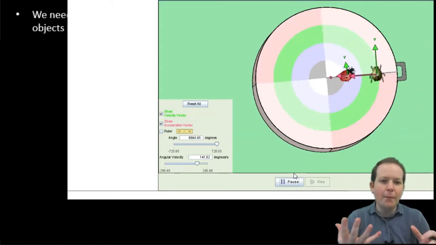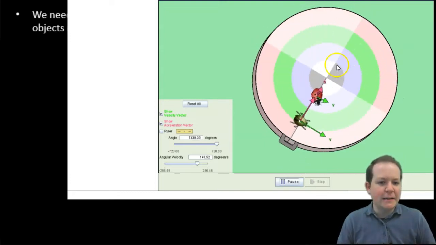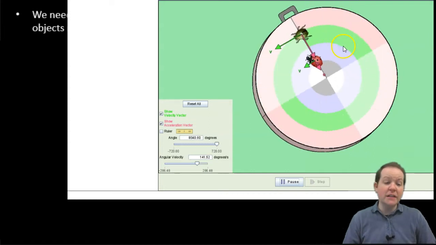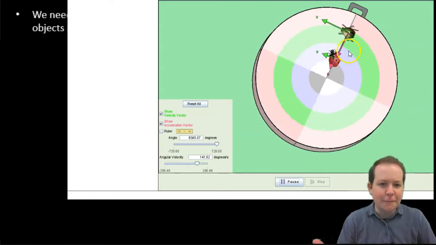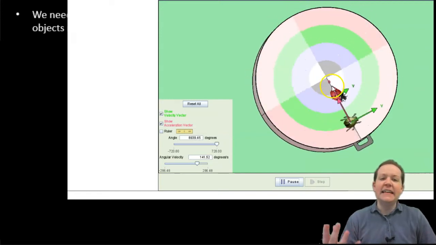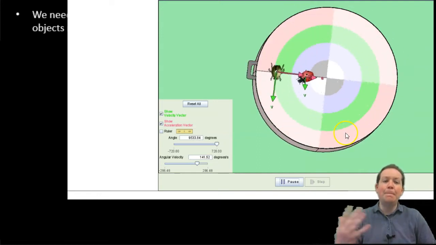Well, what's the problem? What do you see if I was trying to look at the speed of this rotating platform? Depending on where you are on this platform, it could have a different speed. This ladybug, this distance r away, has a different speed than if I was at the distance of the beetle.